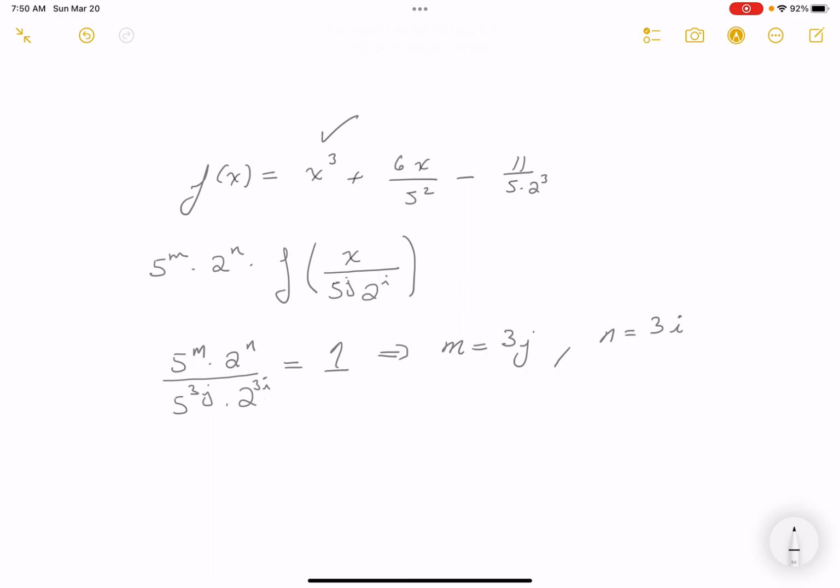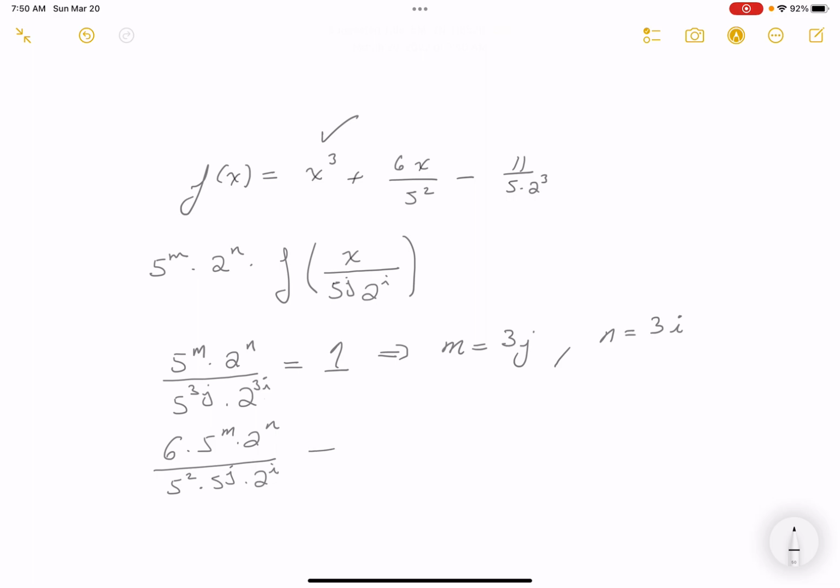And what do I see? I see a 6. I'm multiplying by 5 to the m times 2 to the n. And what goes on bottom? 5 squared times, well, it's just the bottom of the x, which would be 5 to the j, and then it's going to be 2 to the i.